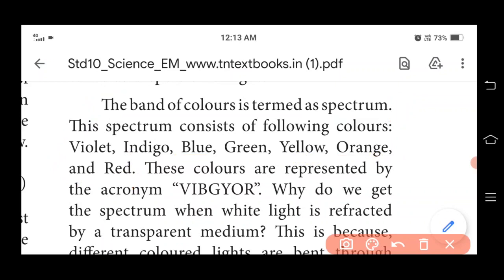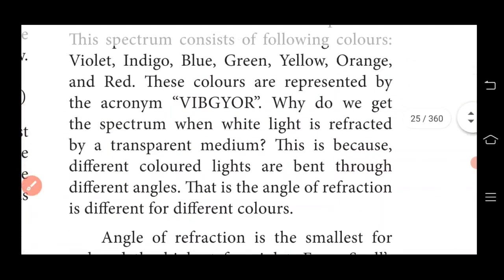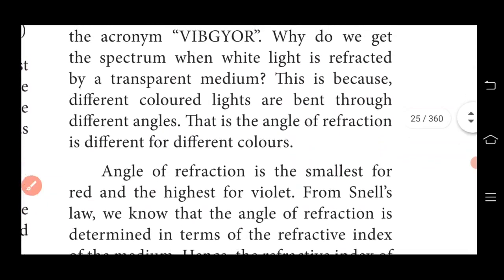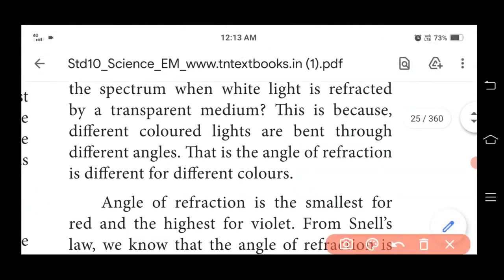The order of the colors is represented by the acronym VIBGYOR. The spectrum is formed because the different colored lights are bent through different angles.